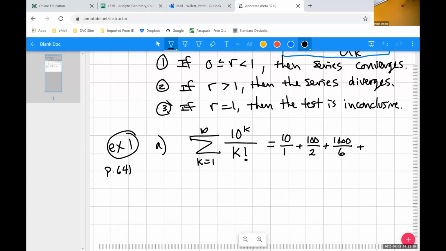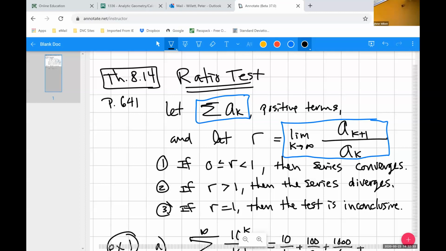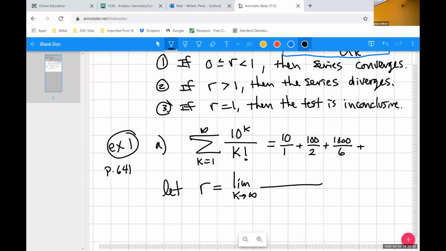So for the ratio test, we would let R equal the limit as k goes to infinity of a fraction. And so to do the k plus 1 term, I basically replace k with k plus 1 in each of its spots. So in the top, I would have 10 to the k plus 1 power divided by k plus 1 factorial.